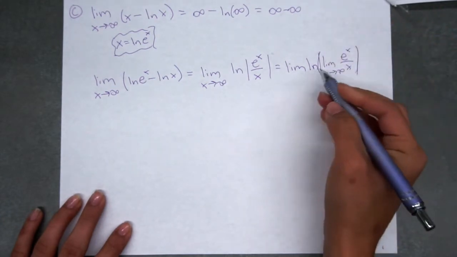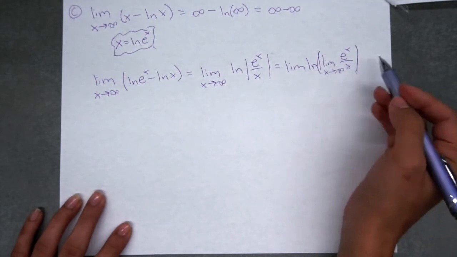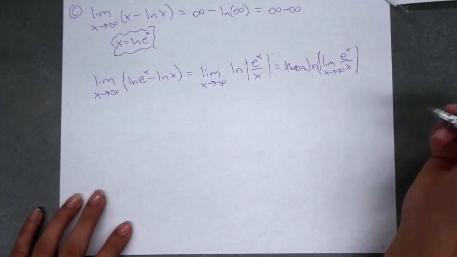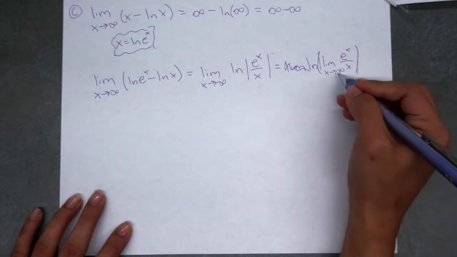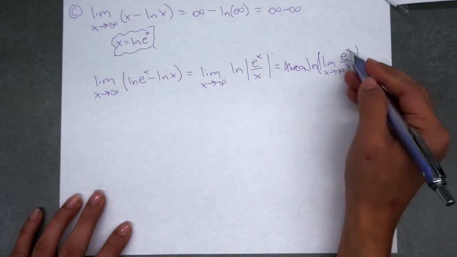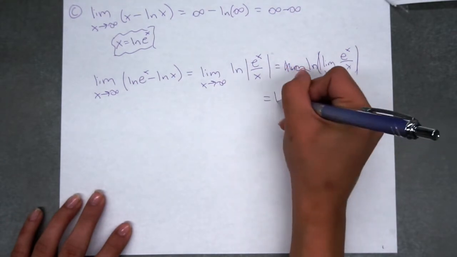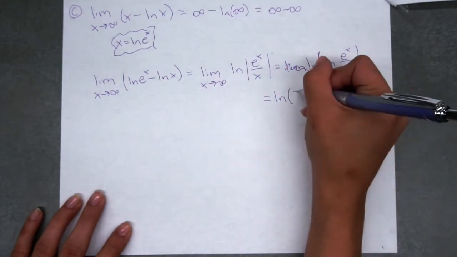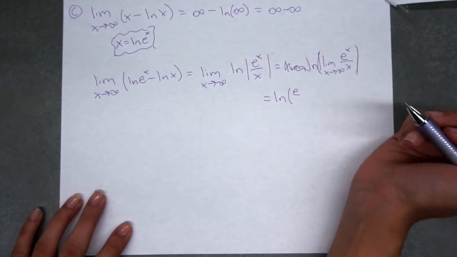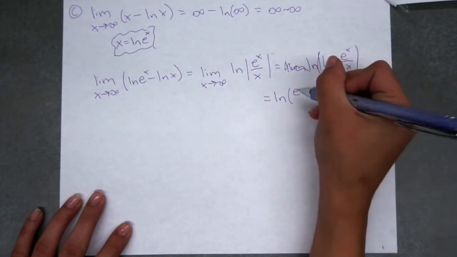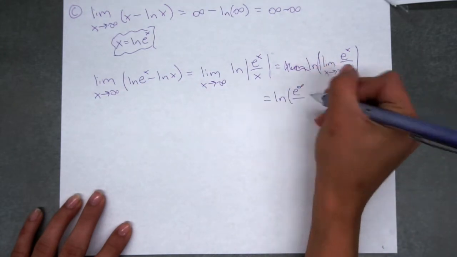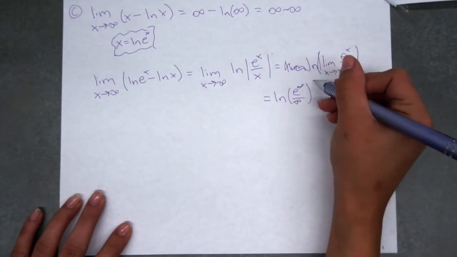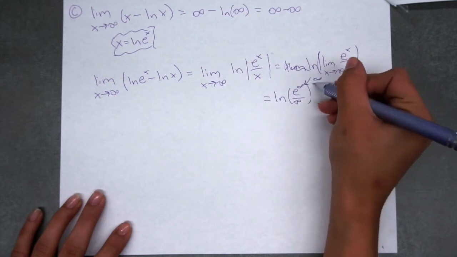So we just move the limit notation inside the natural log. And so now if we plug in infinity for our x's, we will get natural log of e to the infinity divided by infinity. And this right here is another indeterminate form.